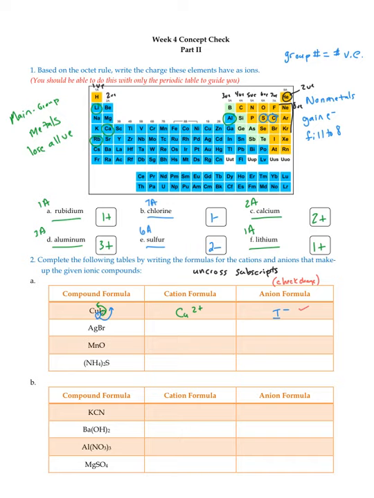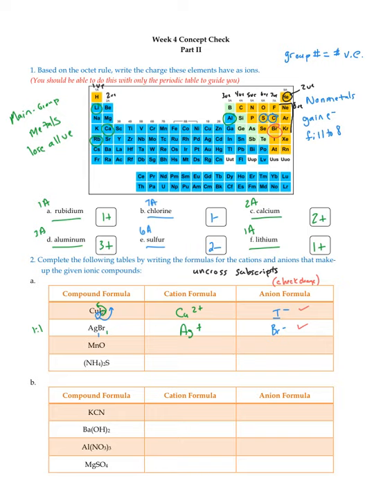And we're going to see why as we work our way through. And so in my next example, I have an understood 1 and an understood 1. So I have a 1-to-1 ratio. And so if I were to uncross the charges, I would get Br minus and Ag plus. And it turns out that Br is in fact minus 1. It's in group 7A up here, just like chlorine.